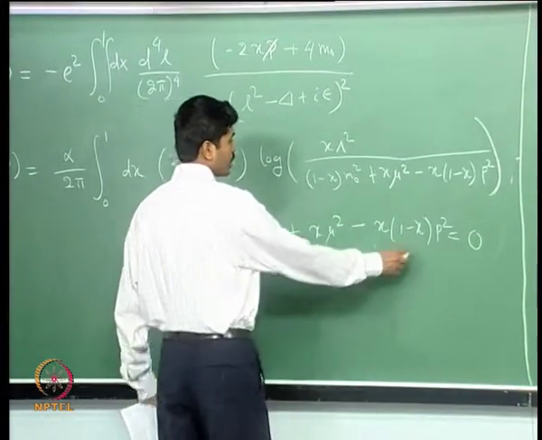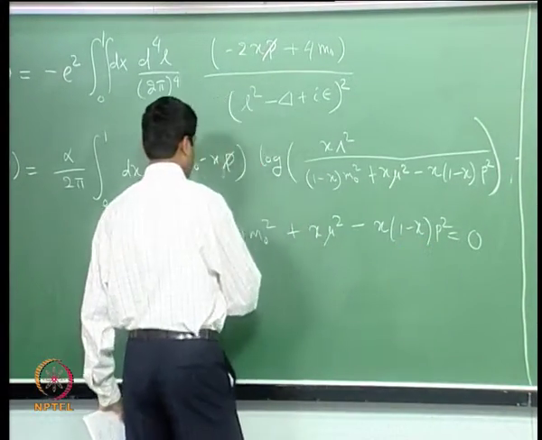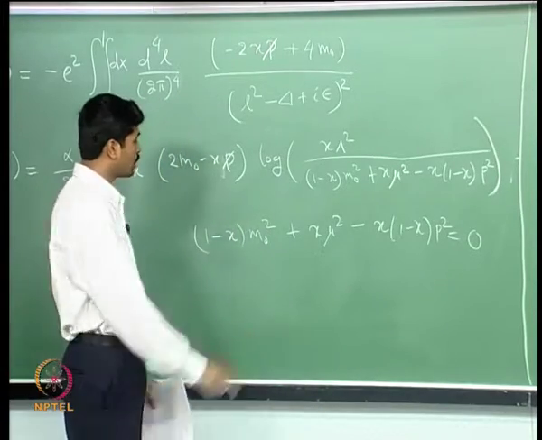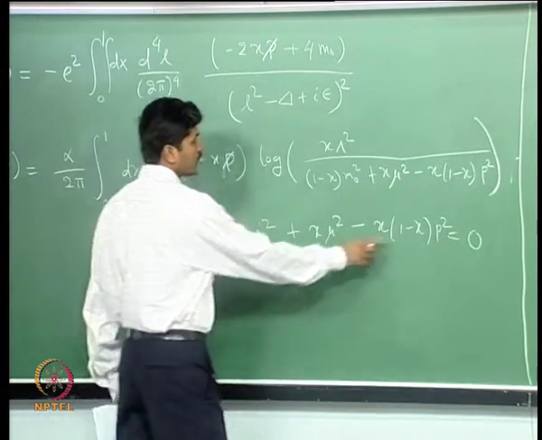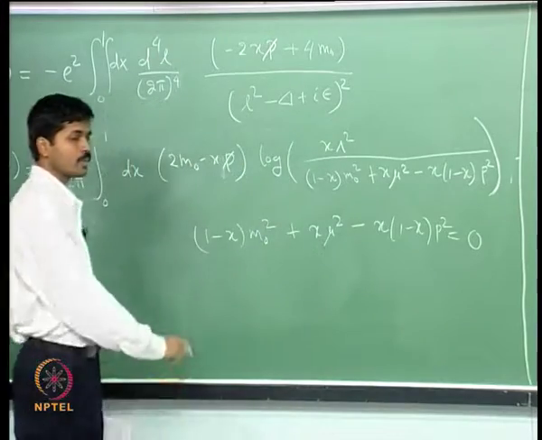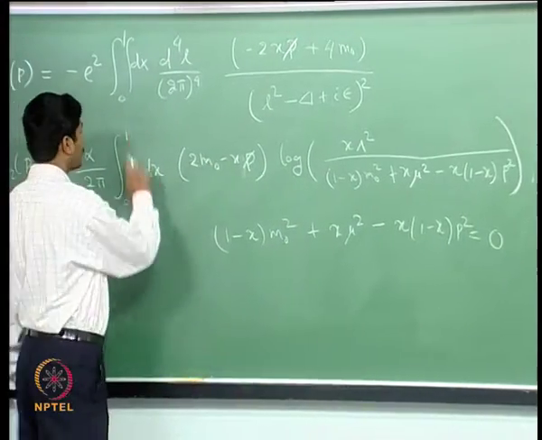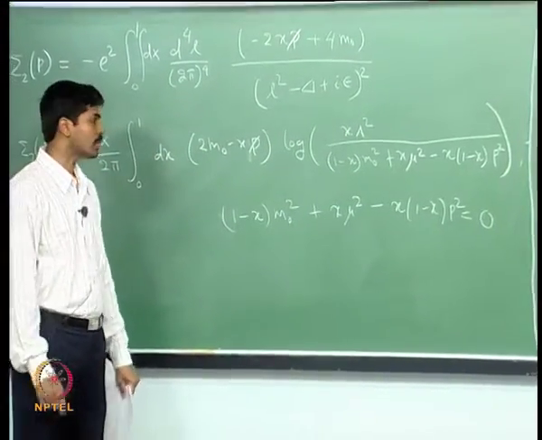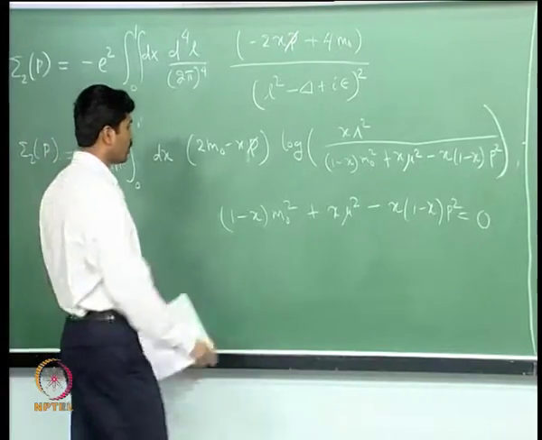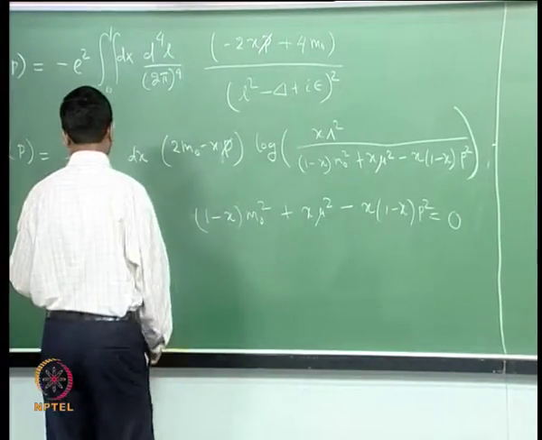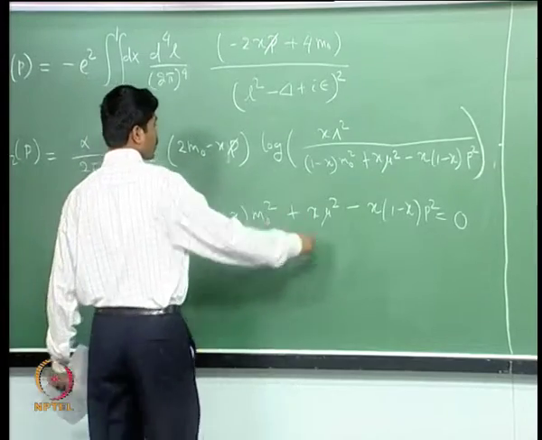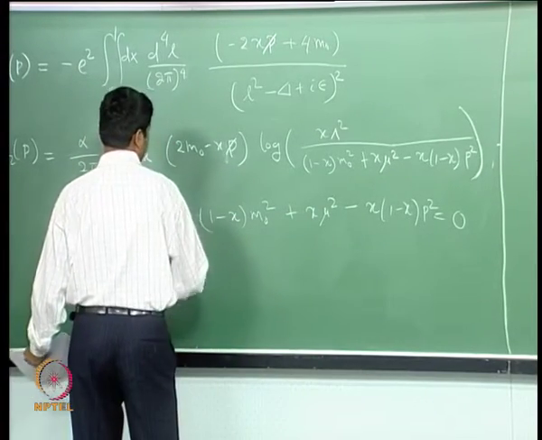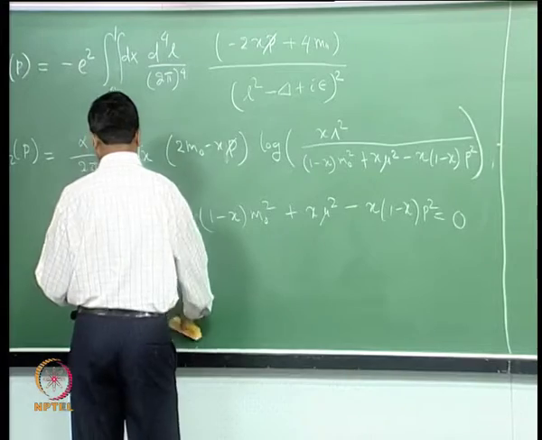So, for any p, if this equation admits a real solution for x which lies between 0 and 1, then you have a branch cut. And of course, this is a quadratic equation in x, and the solution is utterly trivial.